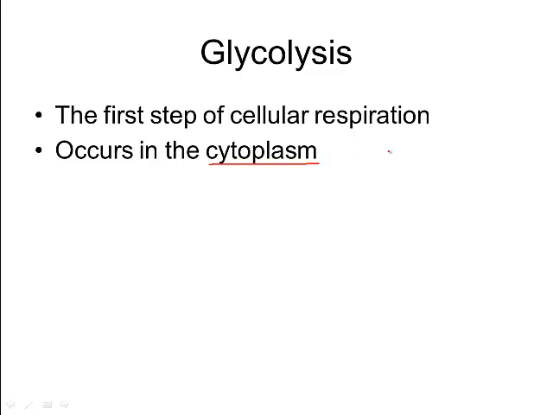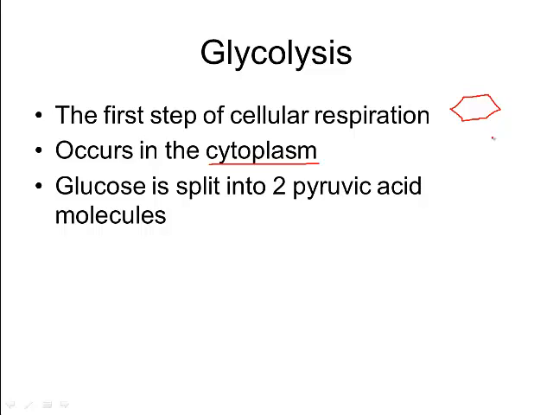The reason for that is that we are looking at a glucose molecule, and if you remember, a glucose molecule is a fairly big molecule. It's got 6 carbons within it, and we have to actually break that molecule down before it can get into the mitochondria. So in glycolysis, we're going to split the glucose molecule into 2 molecules of pyruvic acid.